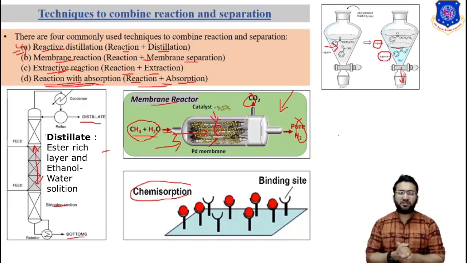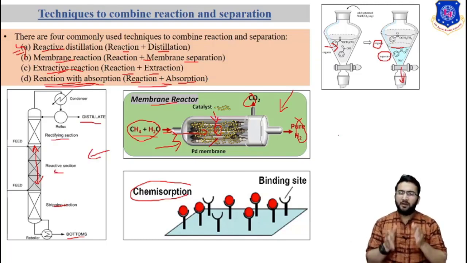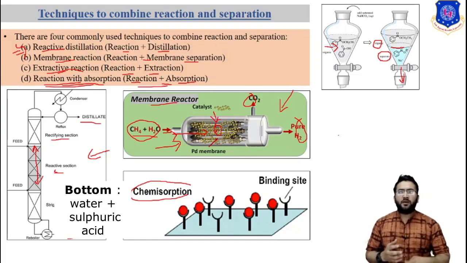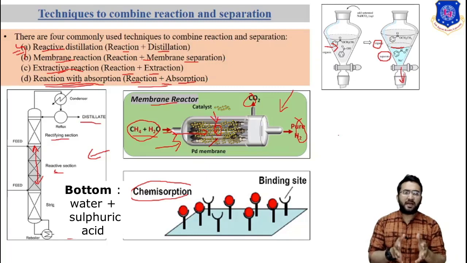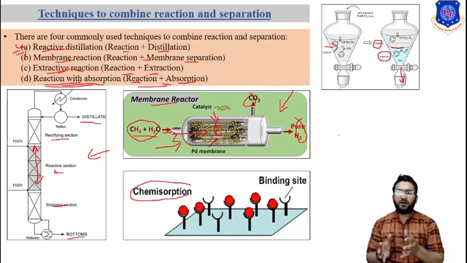Part of the ester-rich layer is taken out as the top product and the remainder is recycled back to the column as reflux. Sulfuric acid was added in the feed as a catalyst, and water and sulfuric acid are continuously taken out as the bottom product. The alcohol-water stream is taken out as an intermediate product.